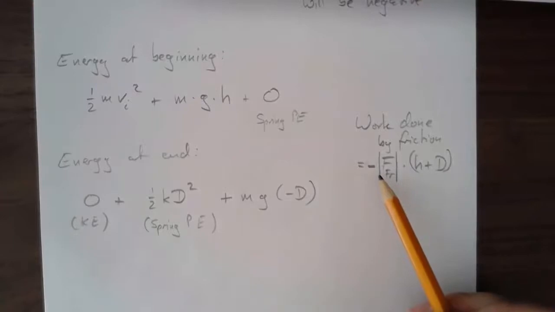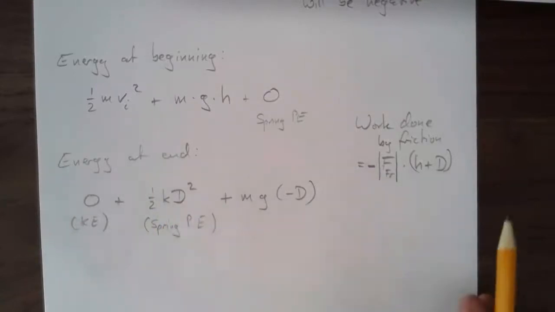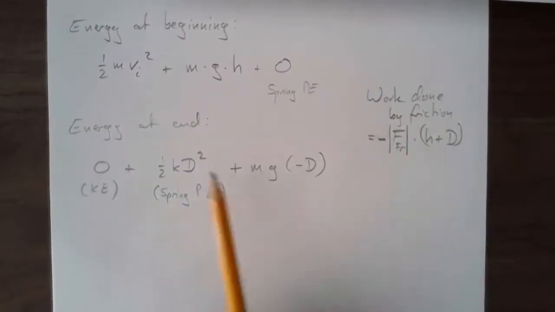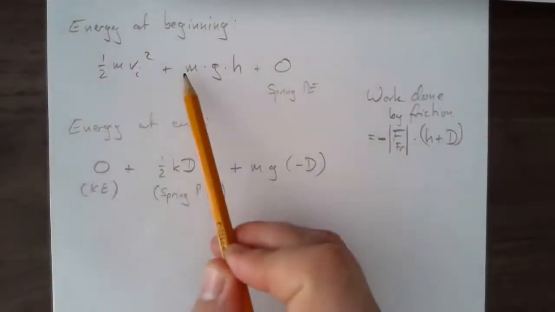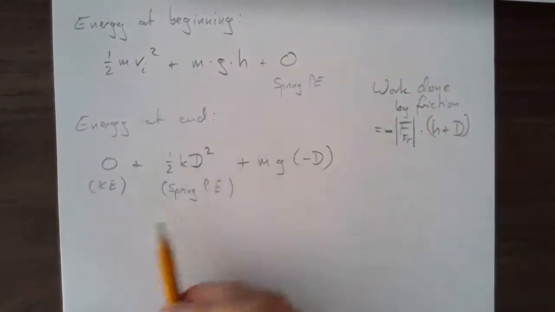Okay. What are we trying to find? All right, the spring constant. But now we can put the pieces together. Energy at the end is what you start with, plus the change due to other forces. So let's write this down.